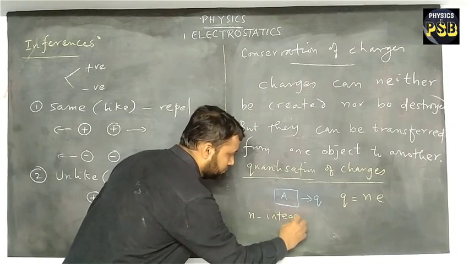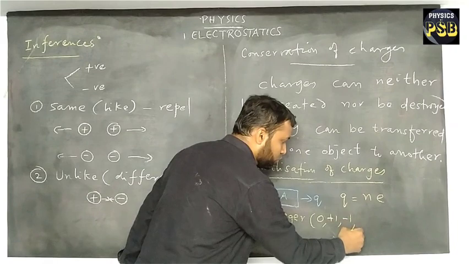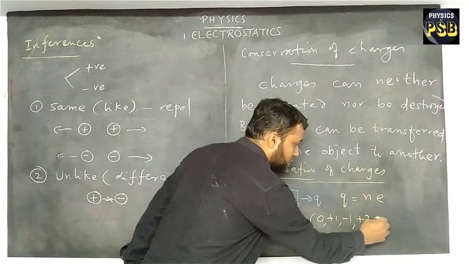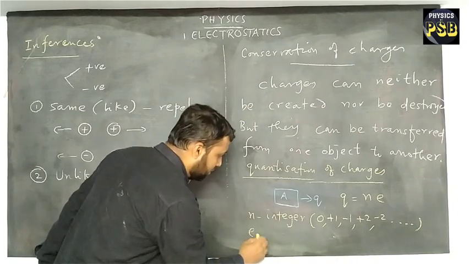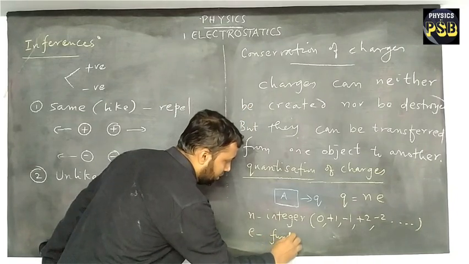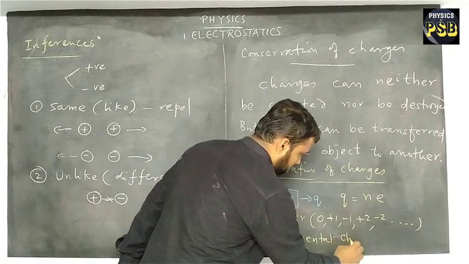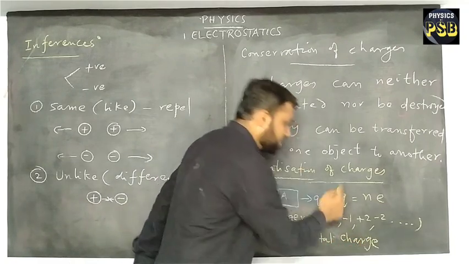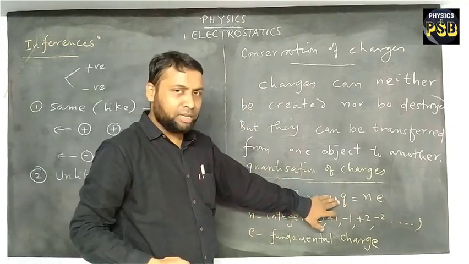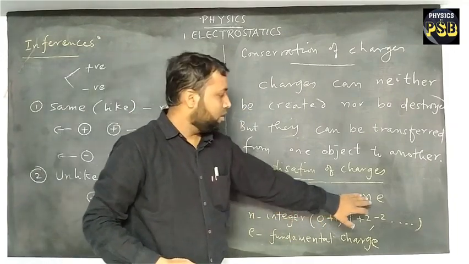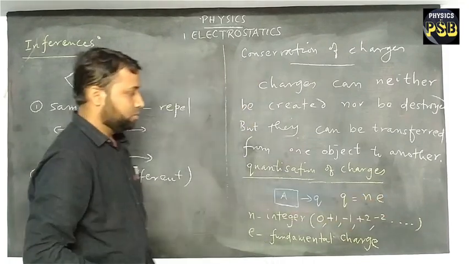Integer means some number. This may be 0, plus 1, minus 1, or plus 2, minus 2, anything. And E is the fundamental charge, or basic charge. So this shows that charge on any object is given as the integral multiple of E.